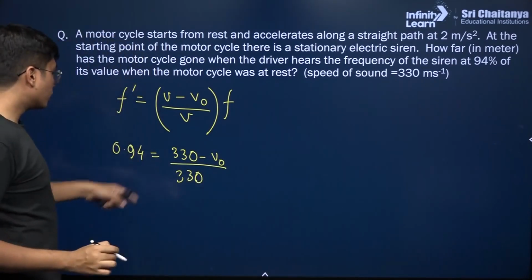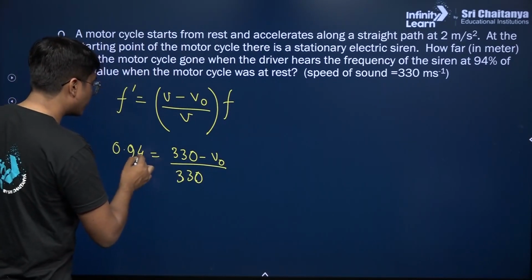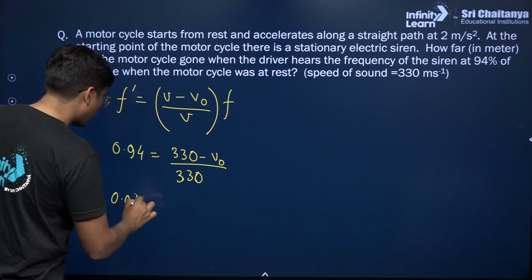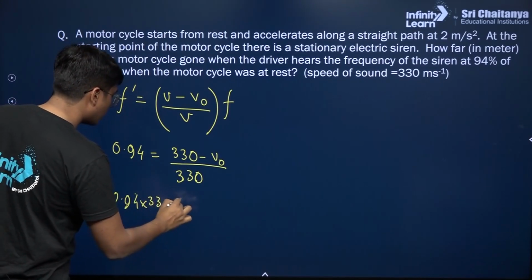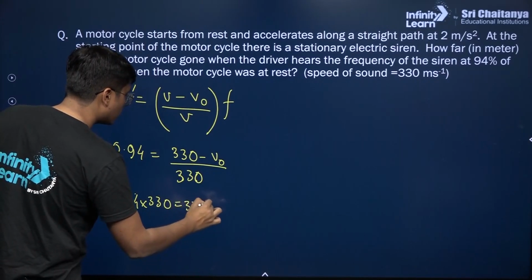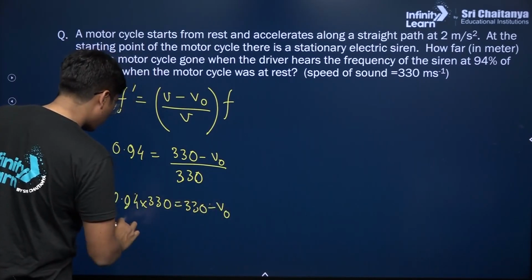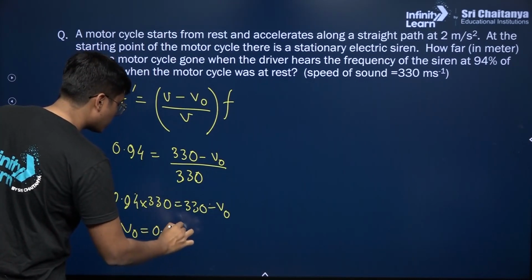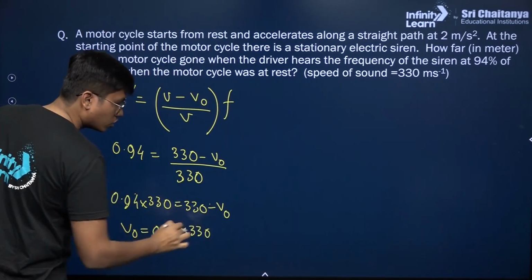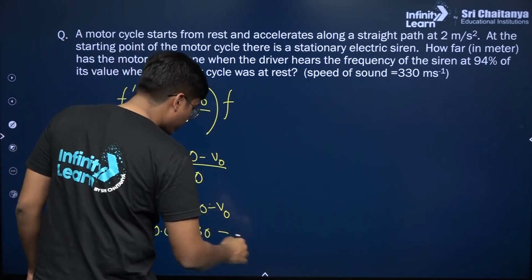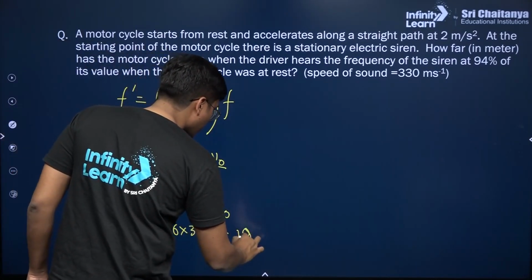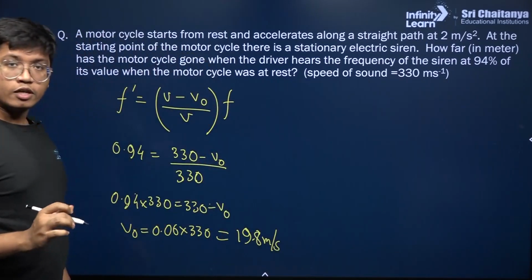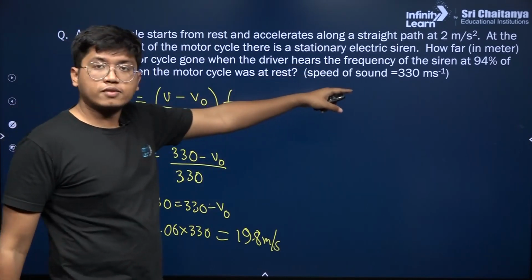So 330 cross multiplied here would give you 0.94 into 330 is equal to 330 minus V naught, or V naught is equal to 0.06 into 330. So that would give you a value, I have it written down here as 19.8 meters per second. So this is the speed when he hears this frequency.